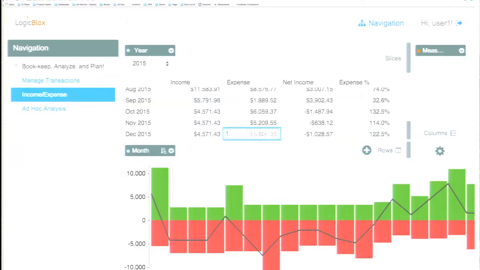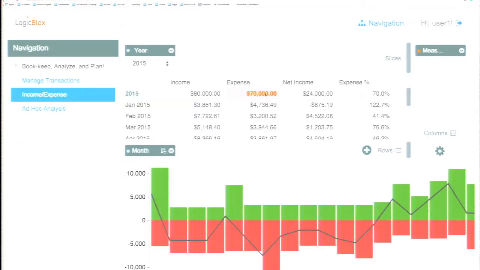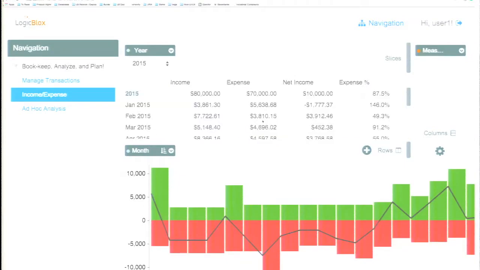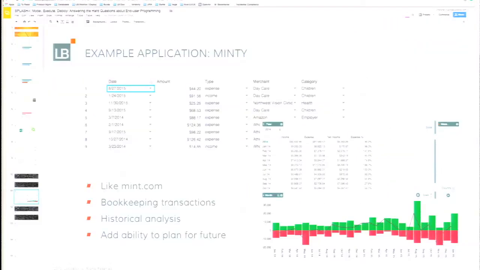Now, when I commit this, say calculate, this is another form of that bidirectional programming where my 70 at the year level is held, my 10K at the month level is held, and they kind of spread around the rest of my months to help me budget out the rest of my month. Okay, so that's a second form of bidirectional programming. So we'll be focusing on both of those today. I'm not really going to have time to talk about the probabilistic part, so that's going to have to be another time.